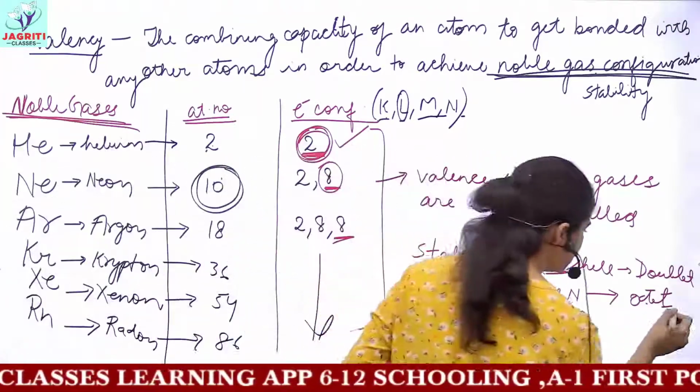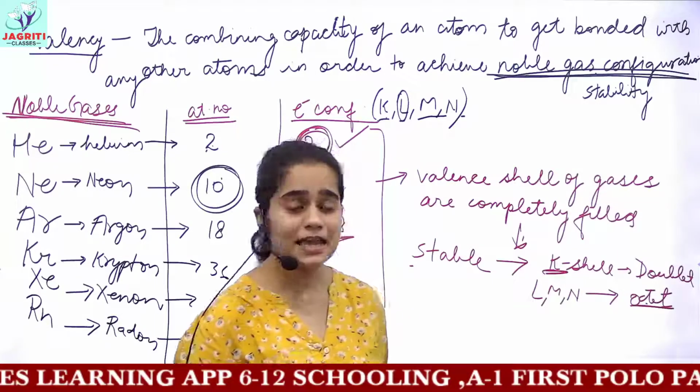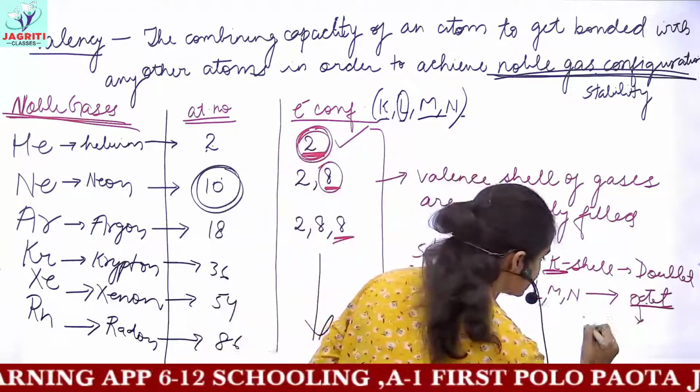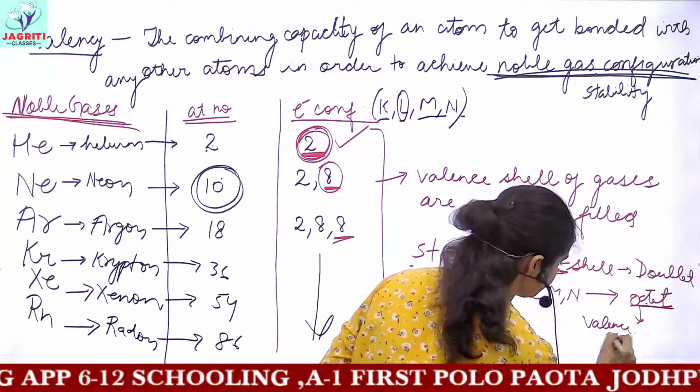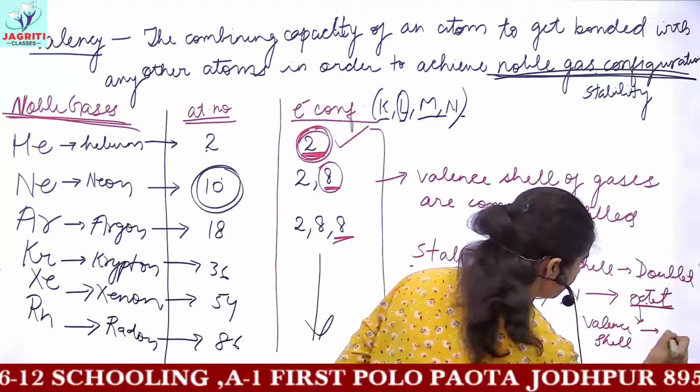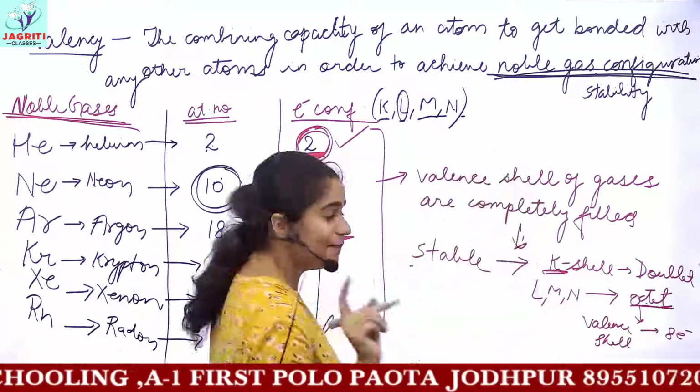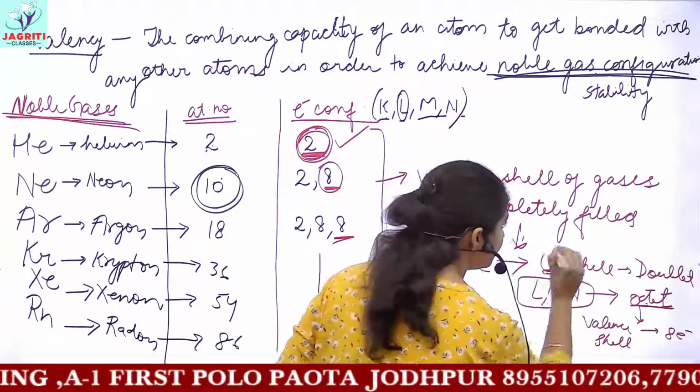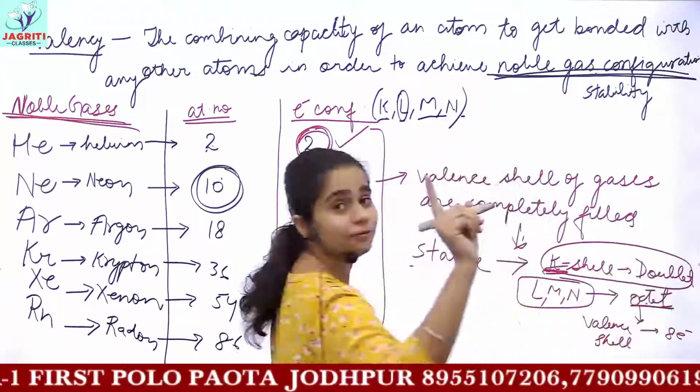Similarly, the octet rule says that in the valence shell, you should have a total of 8 electrons. Remember, this is for the remaining shells, and for the K shell you only have a doublet of electrons.